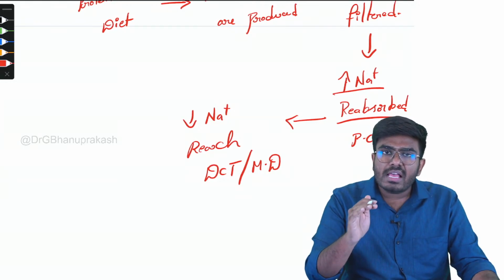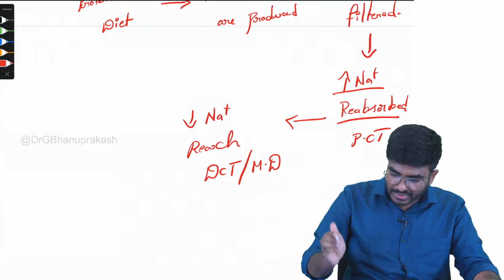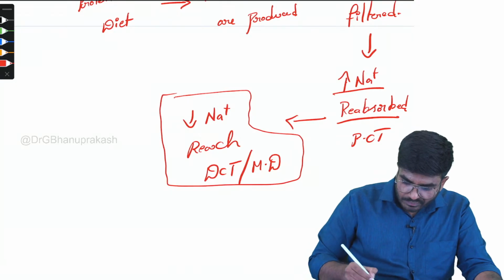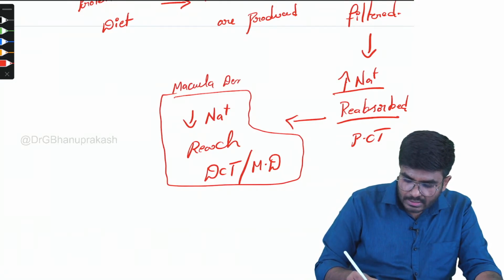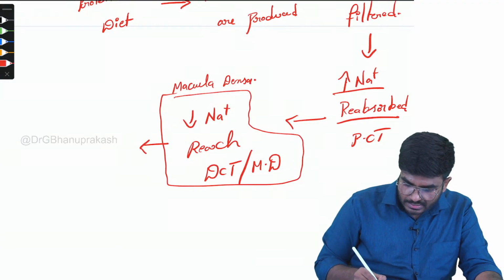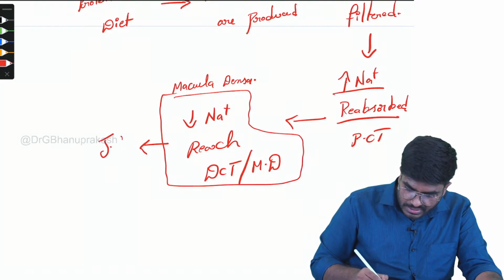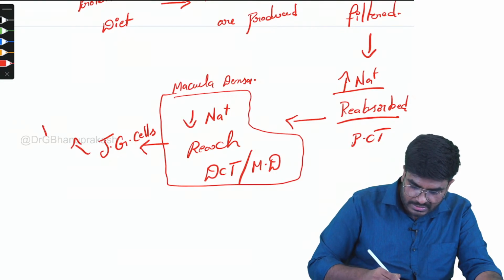Whenever less sodium is coming to the macula densa, what will it do? It will activate the juxtaglomerular cells. Now these juxtaglomerular cells will activate the RAS pathway.